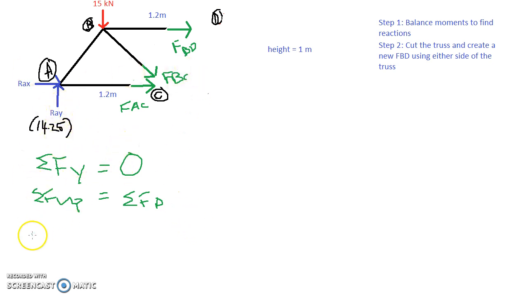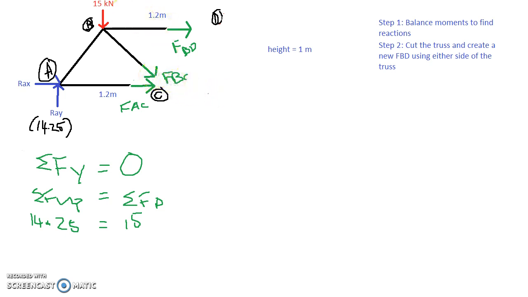So in the upwards direction, we just have RAY. That's 14.25. That's the only thing we've got. Downwards, we have the 15, and we also have the vertical component of FBC.